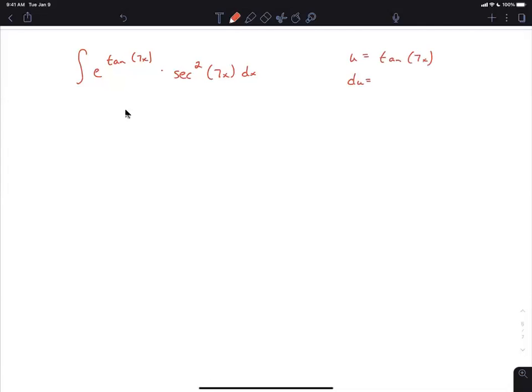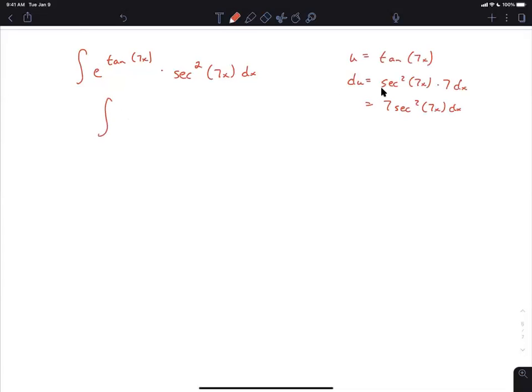So the derivative of tangent of 7x is secant squared 7x, but then times 7 because of the chain rule. And we can rewrite that as 7 secant squared of 7x dx. So then it's already set up in the form you want.